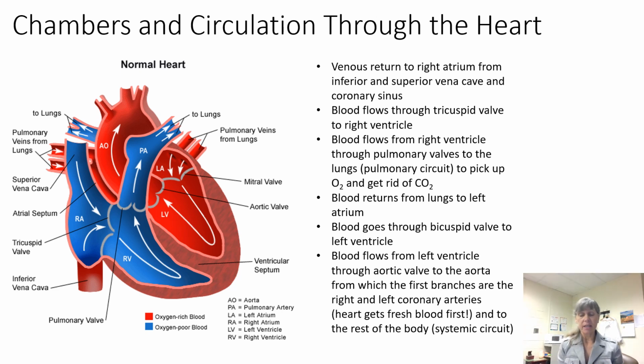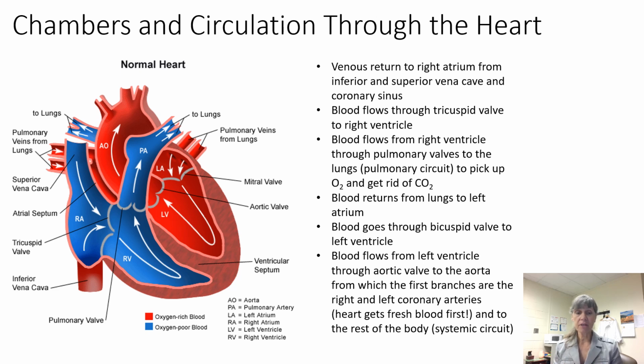Now, in most of the body, blood vessels that carry fresh oxygenated blood are often associated in people's minds as arteries, and veins are the blood vessels that tend to carry oxygen-poor blood. And this is true for the most part. However, the heart does have some exceptions, and we're going to talk about those when we talk about the flow of blood through the heart.